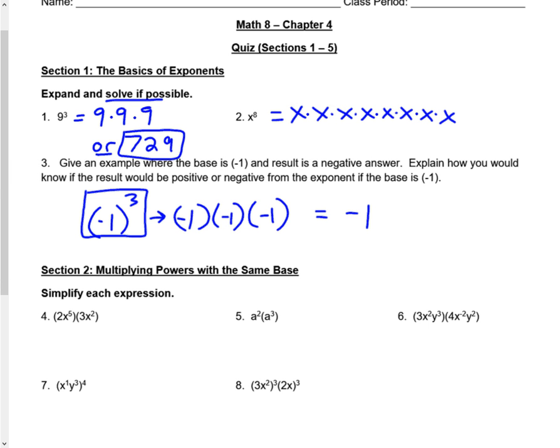The second part says, explain how you would know if the result would be positive or negative if the base is -1. So for a base of -1, or any negative base, if you have an even number exponent, like 2, 4, 6, 8, it's always going to be a positive answer.